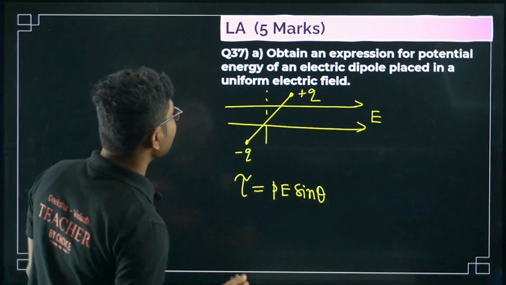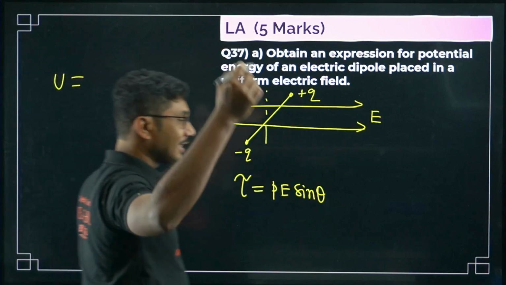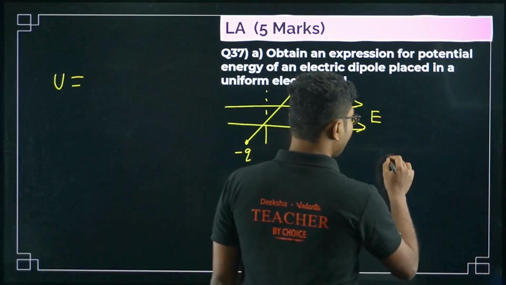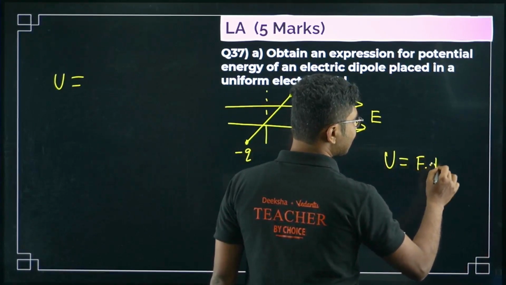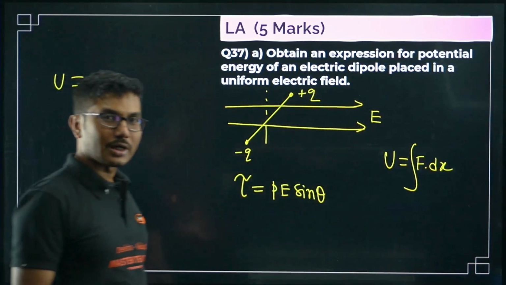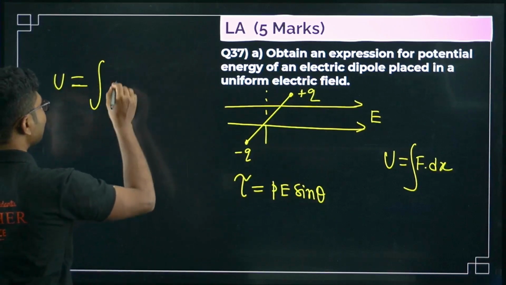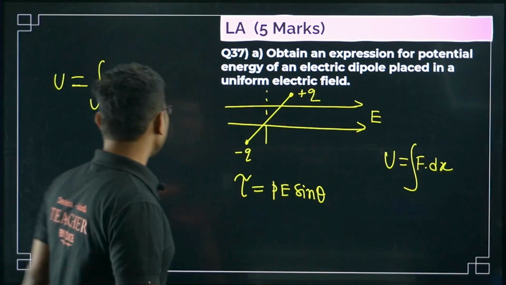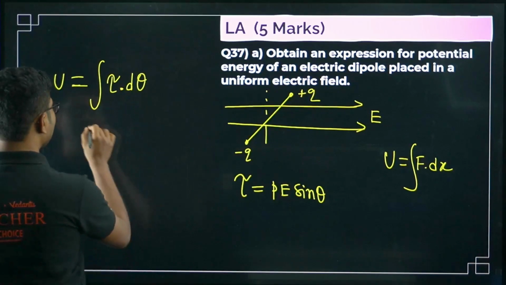If you remember potential energy in the case of force, it was given by the integration of F dot dx. That is the total work done. Potential energy is equal to total work done. Now here also it will be the same, but since we do not know force, we know torque, so instead of dx it will be d theta. Okay, as simple as that.